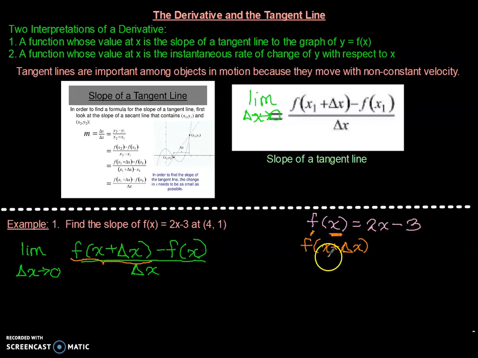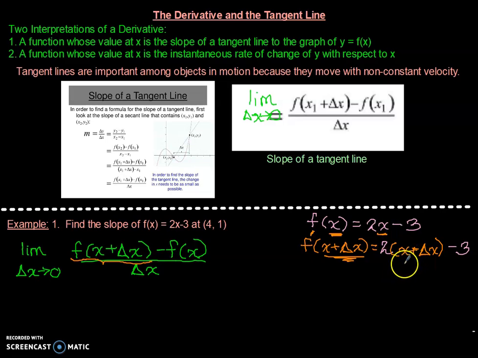I'm just replacing the x with x plus delta x. Make sure you always substitute in parentheses. So I'm going to bring down the 2, and again, instead of x, I'm going to replace it with x plus delta x, and then bring down the minus 3 that I haven't used at all. So same function, all I did was replace the x with x plus delta x.